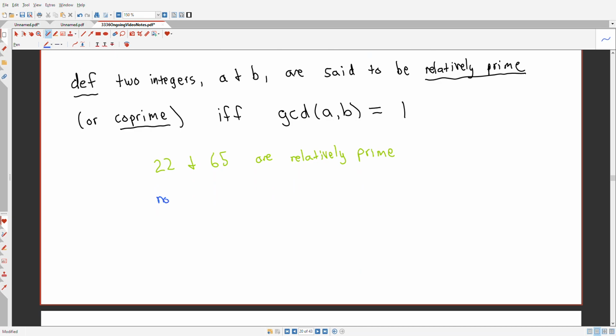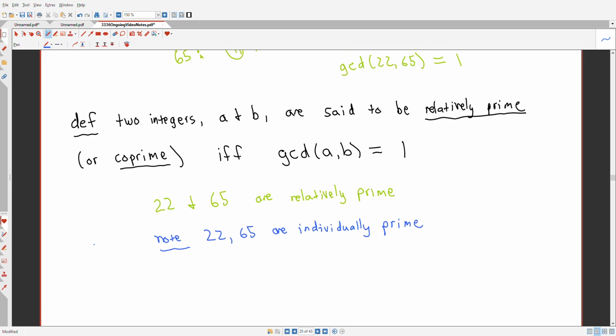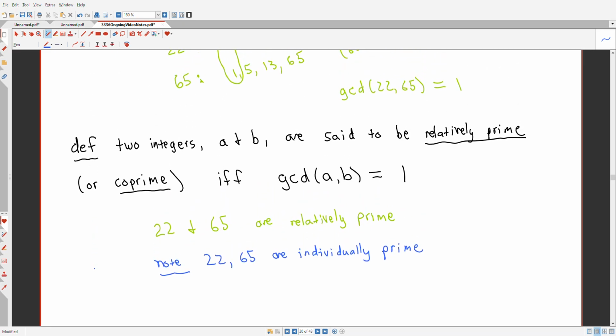Note, neither 22 nor 65 is individually prime. 22 wasn't just divisible by 1 and itself, it was also divisible by 2 and 11. 65 was also divisible by 5 and 13. But when you consider them together, compared to one another, they are what we call relatively prime.